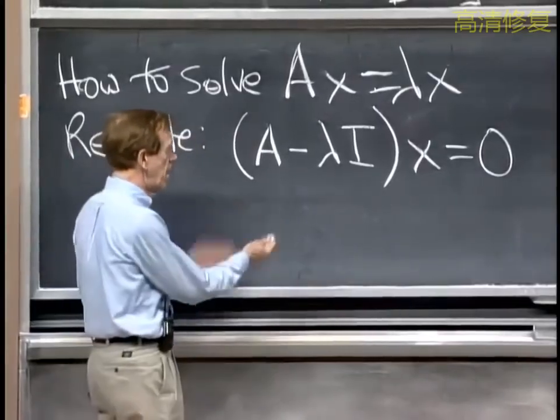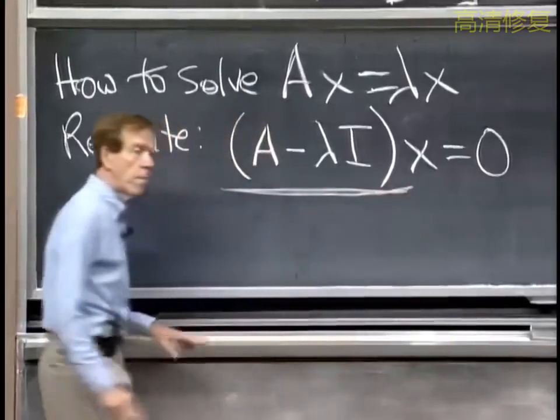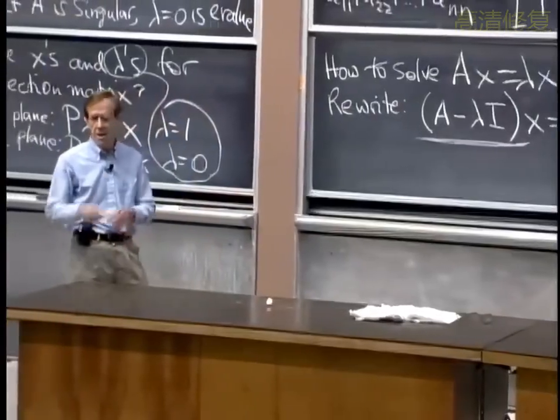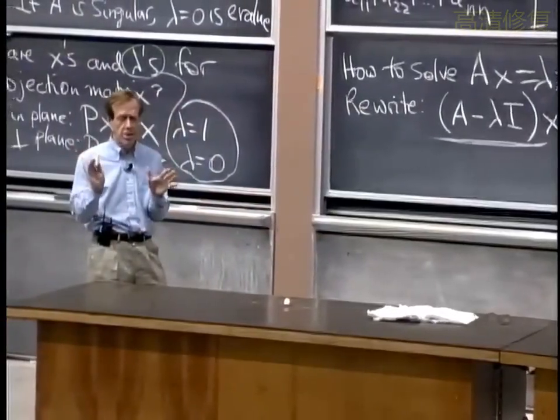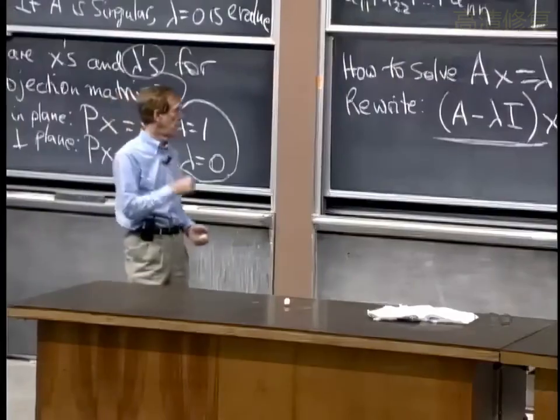What I know now is that this matrix must be what? If there is an x, I don't care if right now I don't know what it is, I'm going to find lambda first, actually.